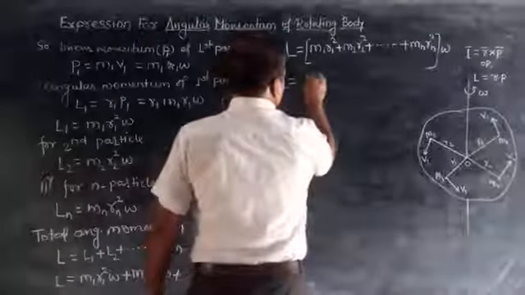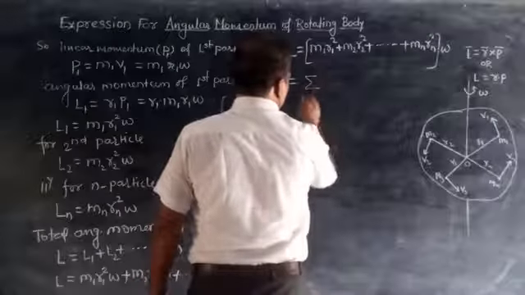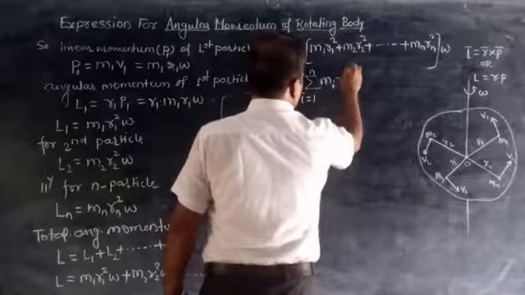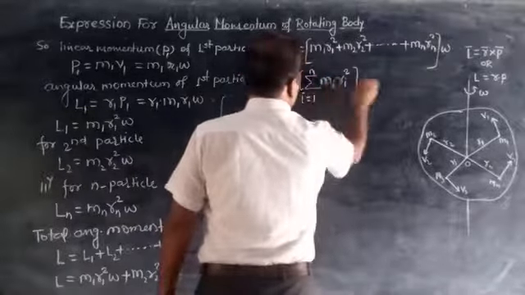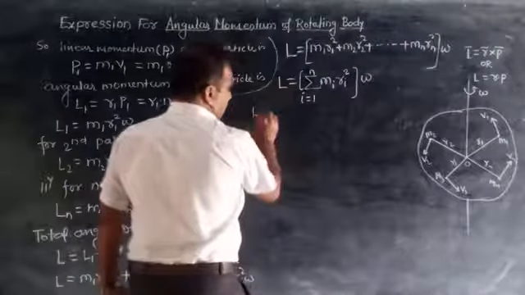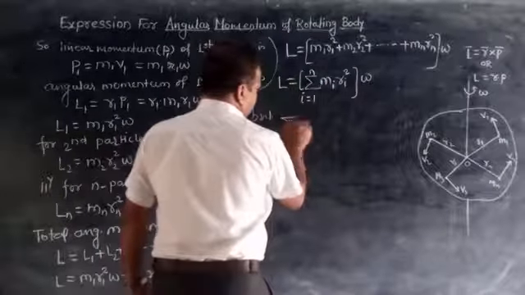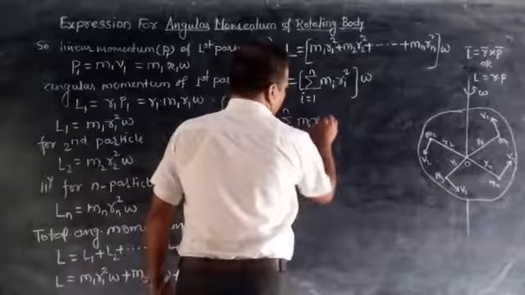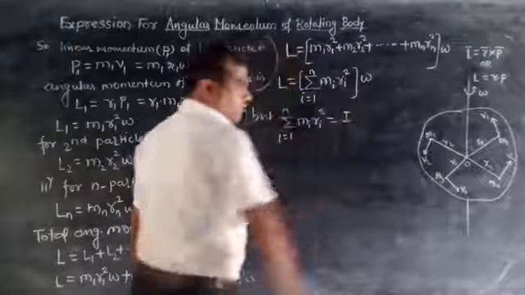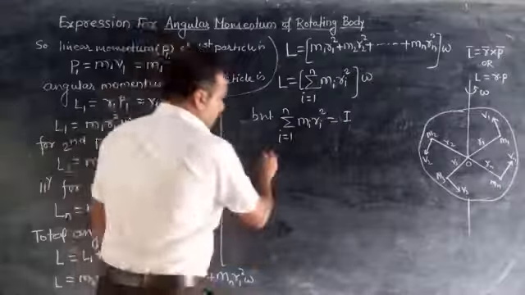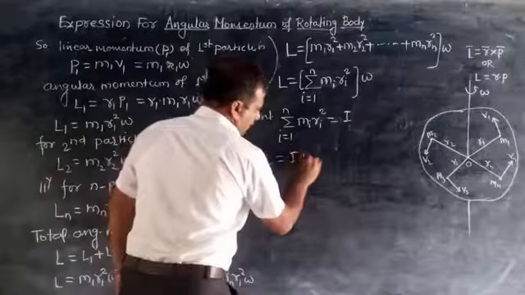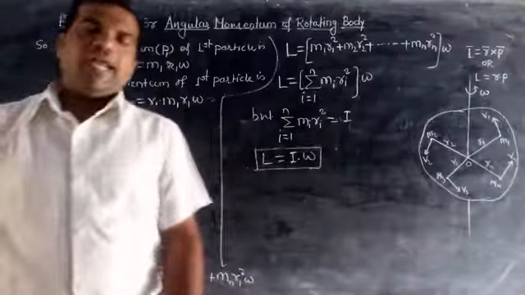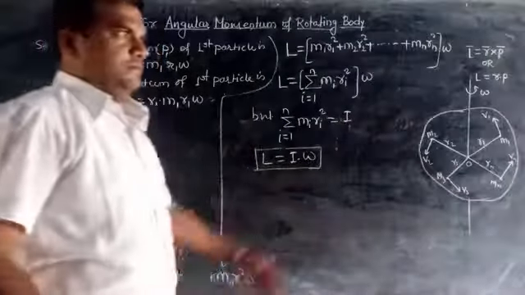This can be written as the summation of i is equal to 1 to n of mi ri square, into omega. But this bracket term, the summation of i is equal to 1 to n of mi ri square, is equal to the moment of inertia. Therefore L is equal to I into omega. This is the required expression for angular momentum.